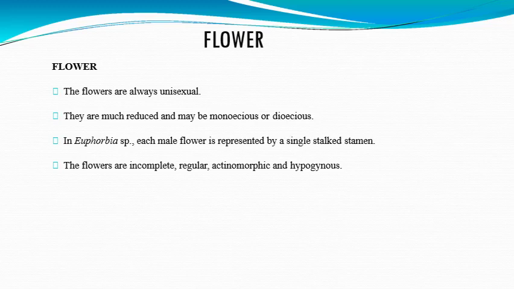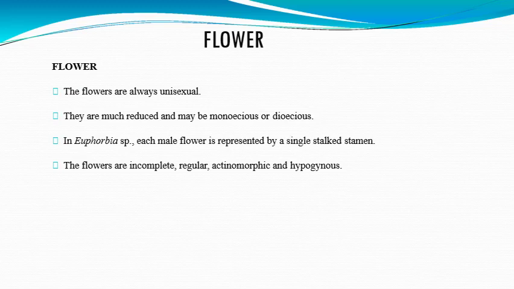In this feature, the flower can be cut into two equal halves by more than one plane, and the ovary with respect to position is hypogynous. That means the thalamus is convex. Due to this, the gynoecium develops on the top of thalamus, but stamens, sepals and petals are borne on the side of gynoecium.